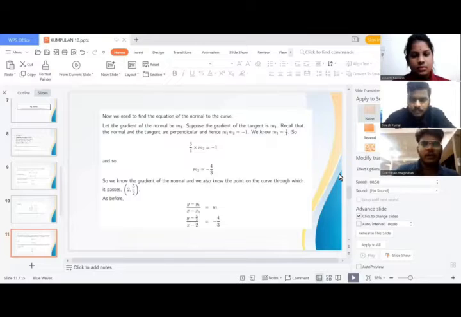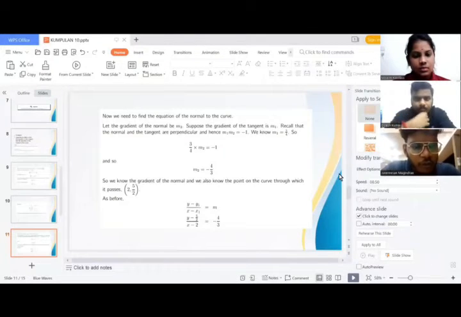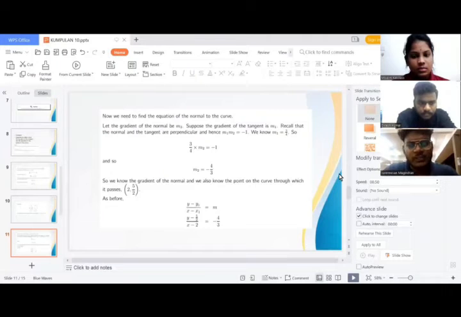Thank you, Dinesh. As my part, I'm going to explain the same question. Now we need to find the equation of the normal to the curve. Let the gradient of the normal be M2, and suppose the gradient of the tangent is M1. Recall that the normal and the tangent are perpendicular, and hence M1 times M2 is equal to -1. We know M1 is equal to 3/4.